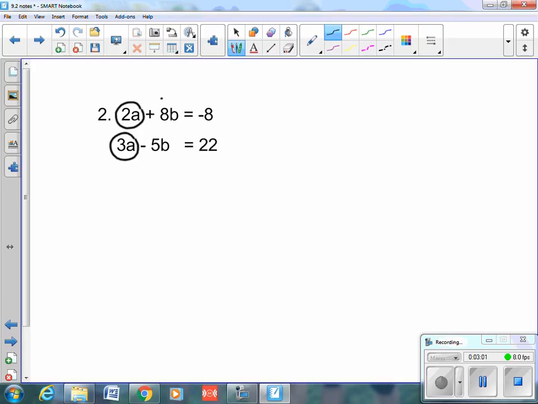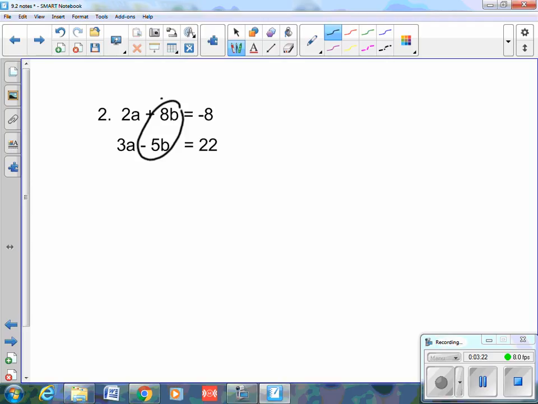Most of you know that it's going to be a 6 and a negative 6. If I decide to get rid of my a's, I need to have a 6 and a negative 6. If I decide to get rid of my b's, I have to go bigger than that, and I need to come up with a number that's the same but opposite. What's bigger for 8 and 5? You would have to go 40.